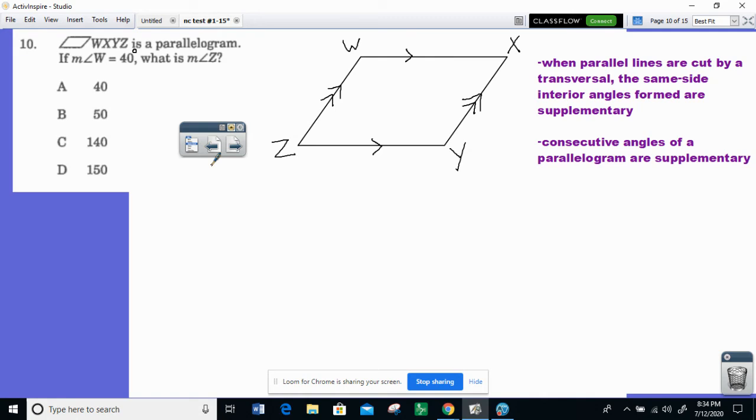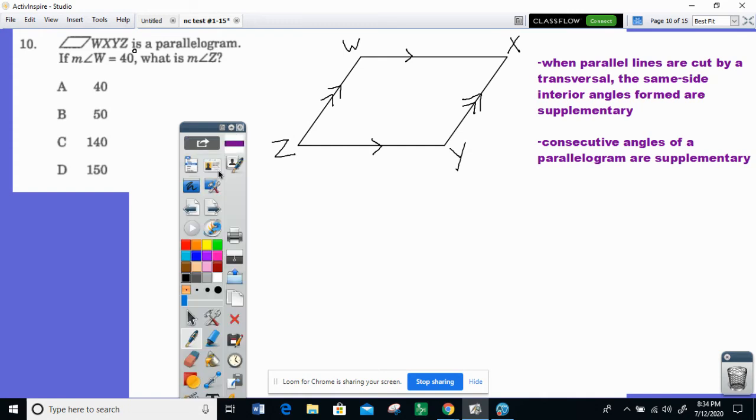Well, this is a good opportunity to review some of the facts that we know about parallelograms and also review why we know them. We already talked about parallel lines cut by a transversal, and when that happens, the same side interior angles formed are supplementary. So an example of that would be angle W here, and also angle Z. Why are they same side interior angles?